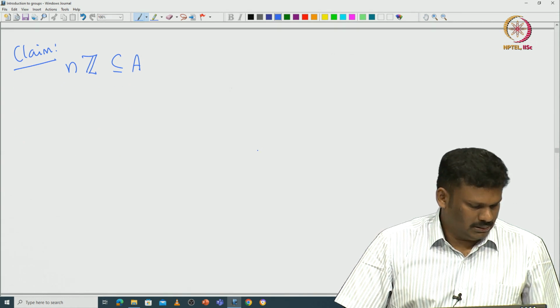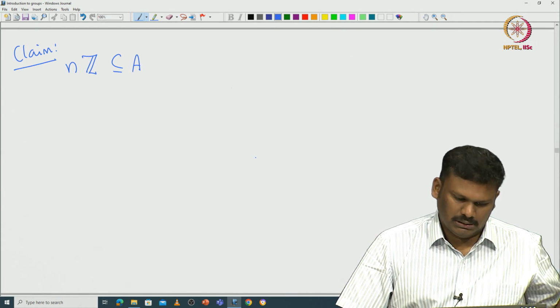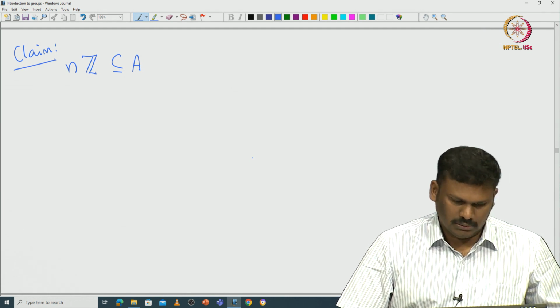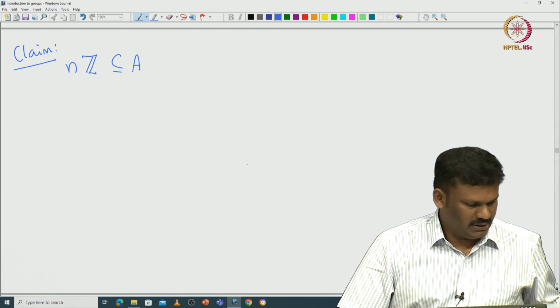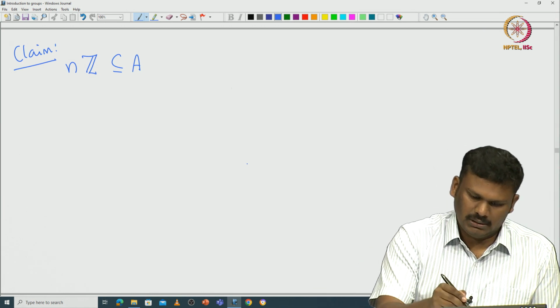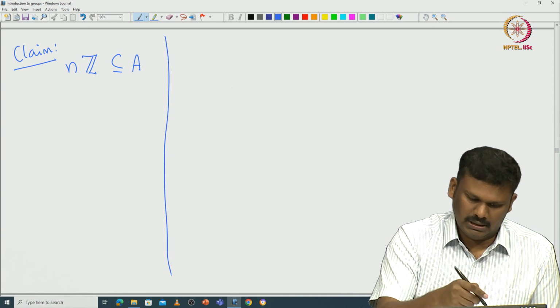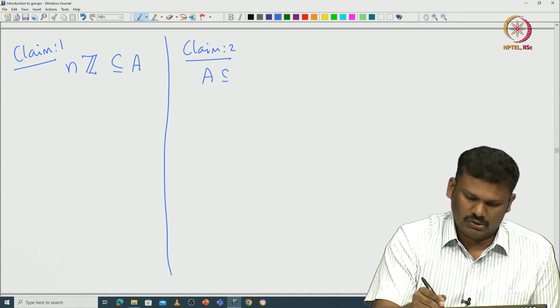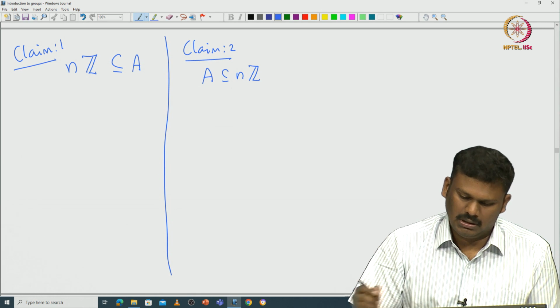So, let us start with some element a. Okay. So this is one thing that we need to claim. The other thing that we need to claim is that A is also a subset of nZ. Okay.